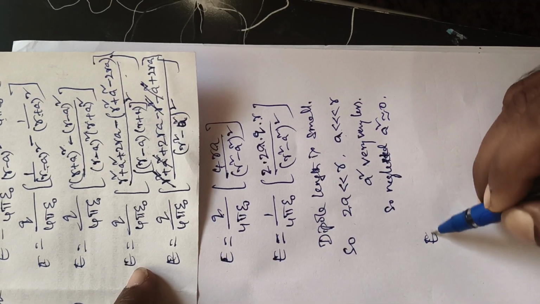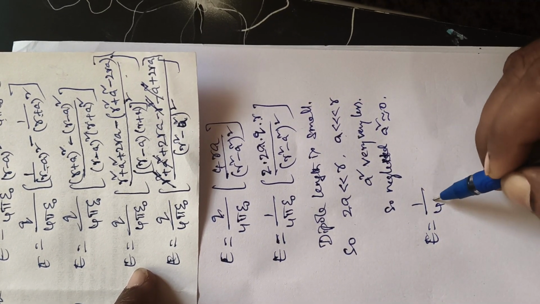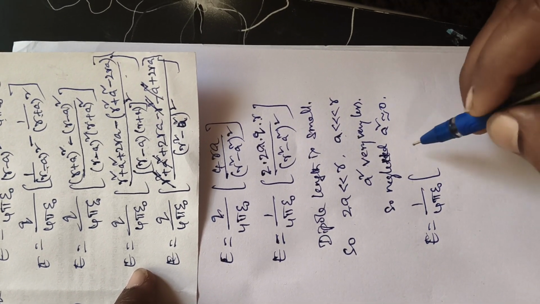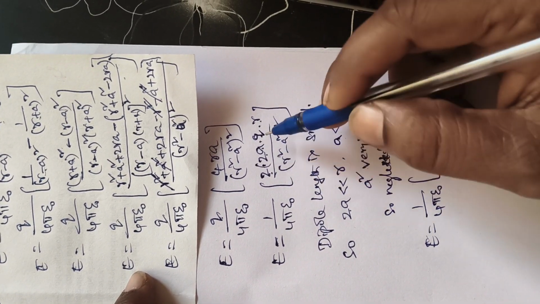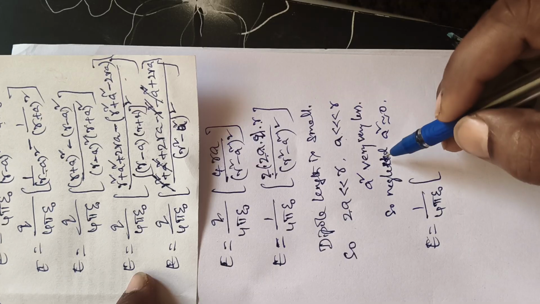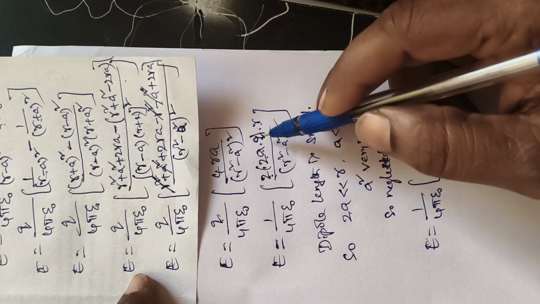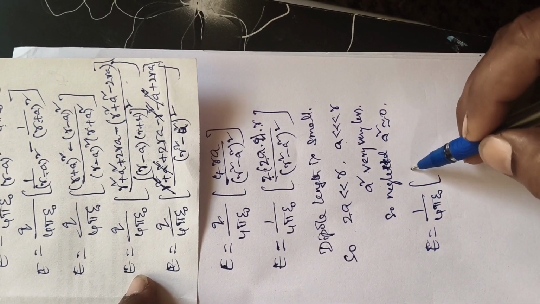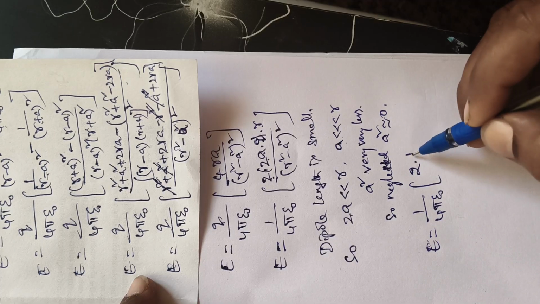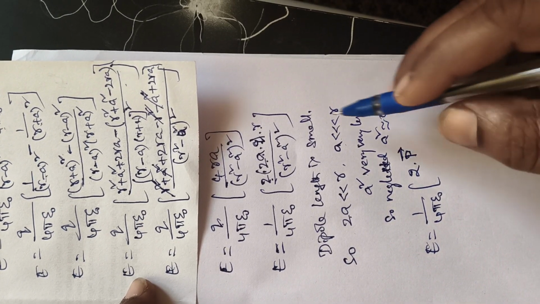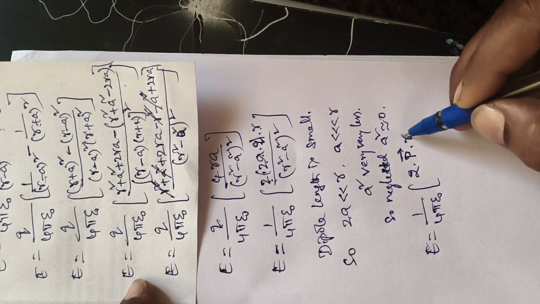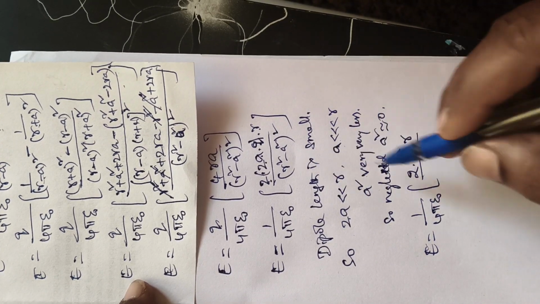So remaining equation is what? E is equal to 1 by 4 pi epsilon naught. So 2 into Q, take it as one term. So 2A into Q means what? Dipole moment. So 2 into P. P means what? Dipole moment. Next R is there, so R divided by R square.